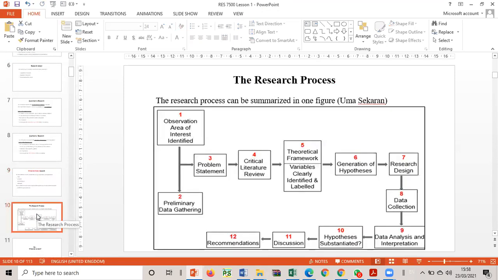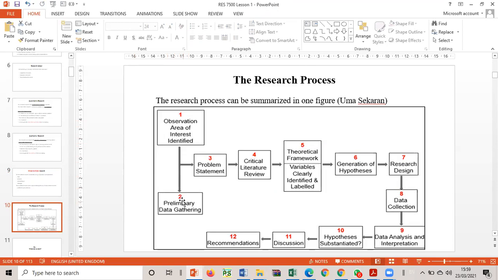All right. This is a figure taken from the process diagram. So here, I just put some boxes to follow, box 1 to 10, 1 to 12. This is basically for quantitative research. So where do you start? Number 1, observation.